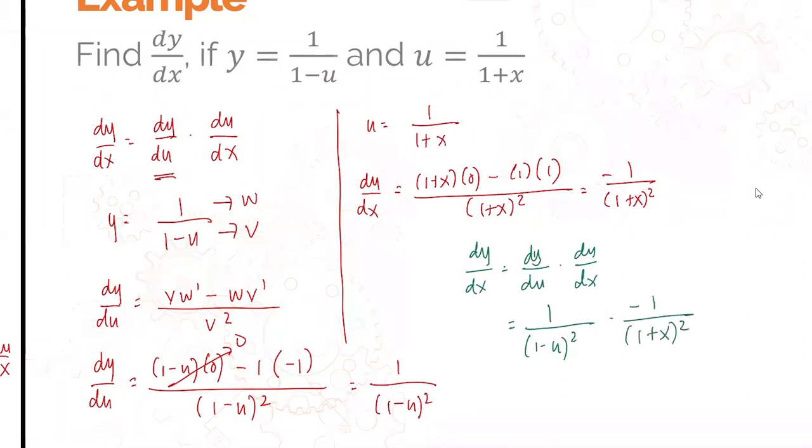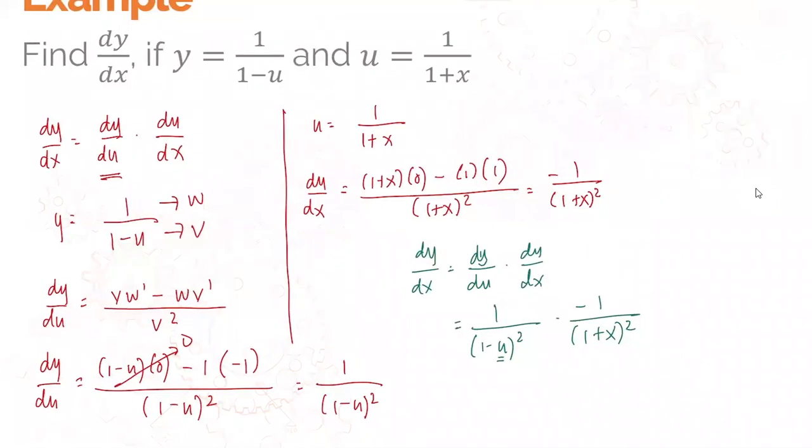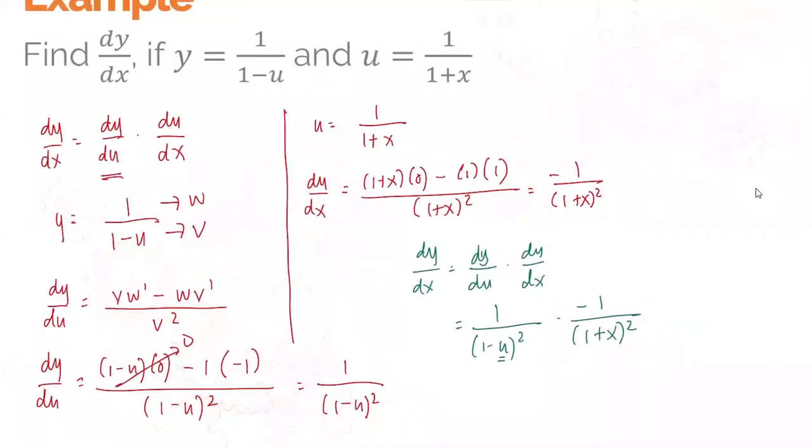Pero yung makikita natin dito, in terms ng u pa yon. So, pwedeng substitute natin yung value ni u. So, dito ko ilagay sa taas. No? So, 1 over 1 minus u squared is equals to 1 over 1 minus 1 over 1 plus x squared. So, simplify natin yung denominator sa loob.